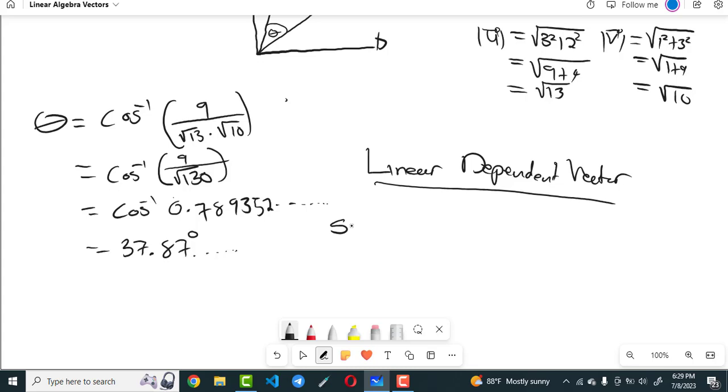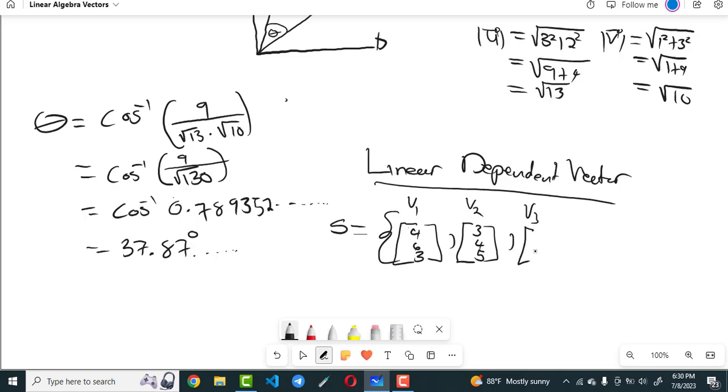Let us call it S. This set has vector 1, which has the components, let's say, 4, 6, and 3. And let us say we have vector 2, which has the components 3, 4, and 5. These are the components of the vectors. Then let us say we have vector 3 with the following components: 7, 10, and 8.